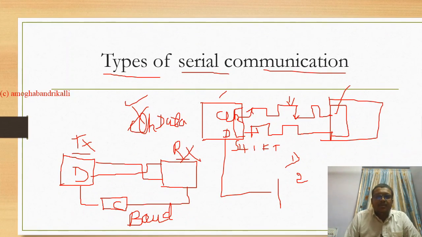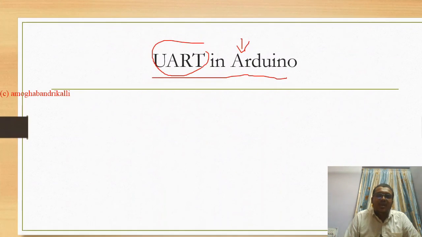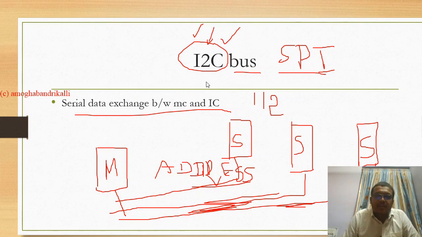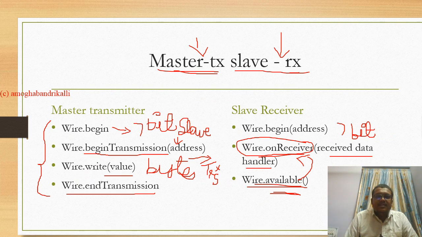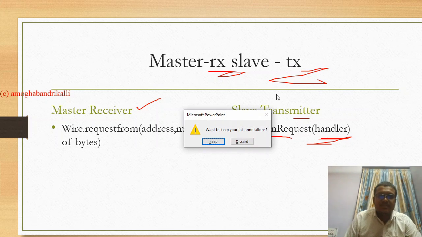Next, synchronous and asynchronous types, the bits used in UART, and how to use UART communication in Arduino. We also saw a very important bus structure, the I2C bus, its pins, and how to act as master transmitter and slave receiver, and the reverse operation, slave as a transmitter and master as a receiver.